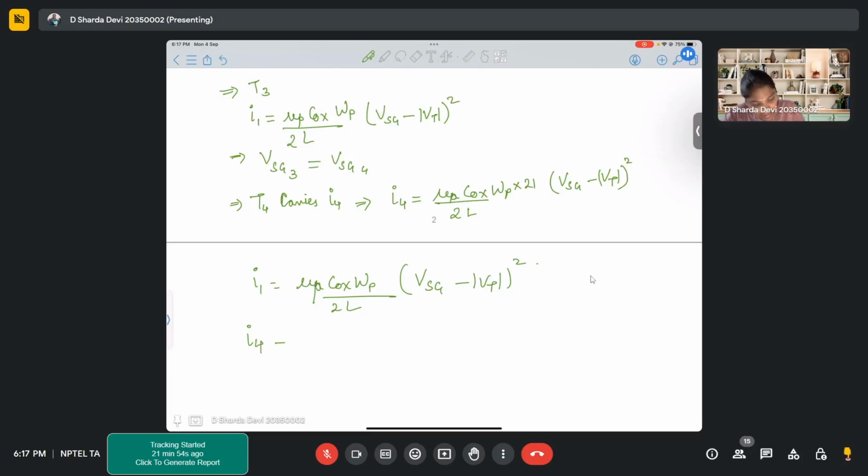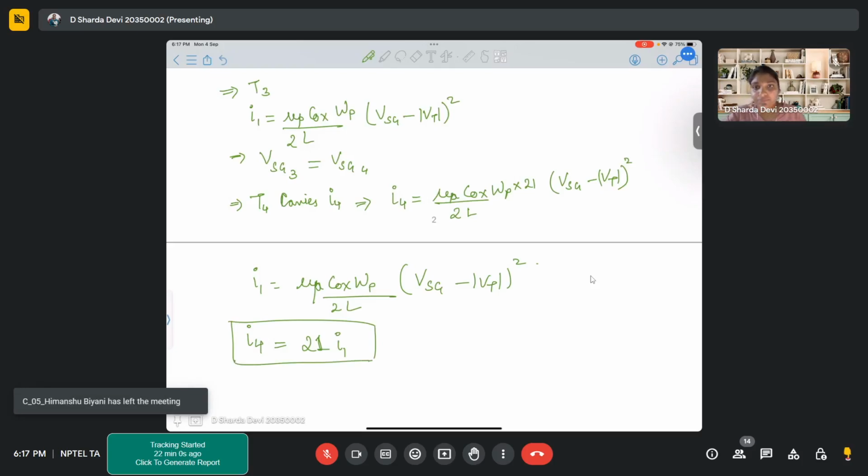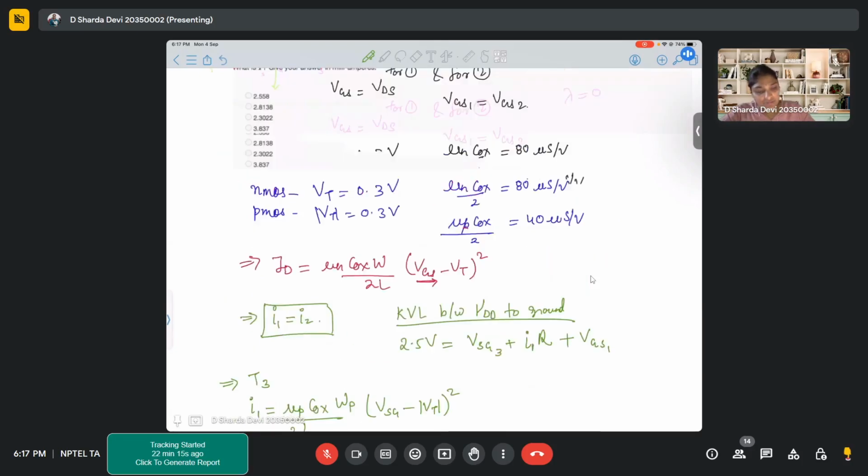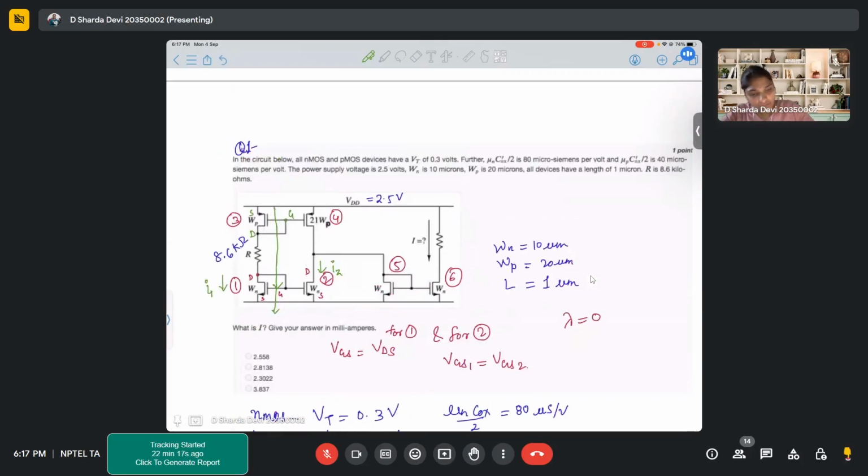So I can write I4 as 21 times of I1. Can I write this? Any doubts how we got 21 times I1? By comparing these two, okay? No doubts in this, right? So again, moving on to the circuit.